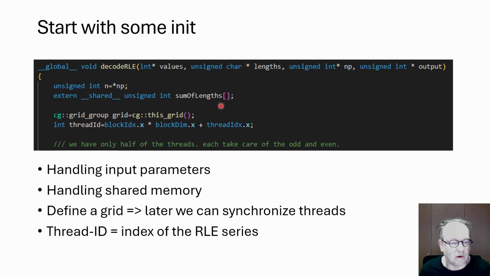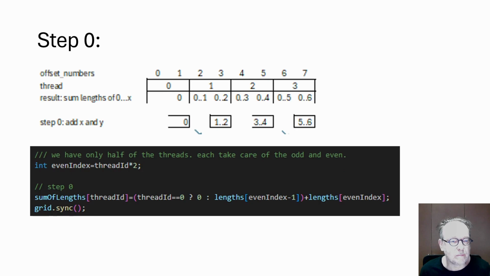Then we define a grid variable, and that grid variable will allow us later to synchronize the threads. And lastly, we get the unique ID of the thread, and that will help us later to do within a thread the work specifically for that thread and that thread alone. That's the initialization. Now we start with the algorithm.